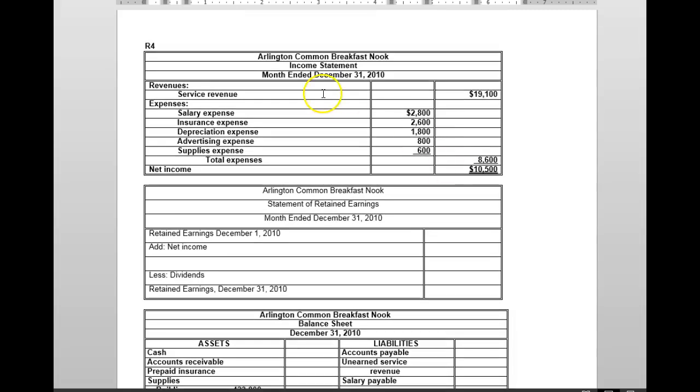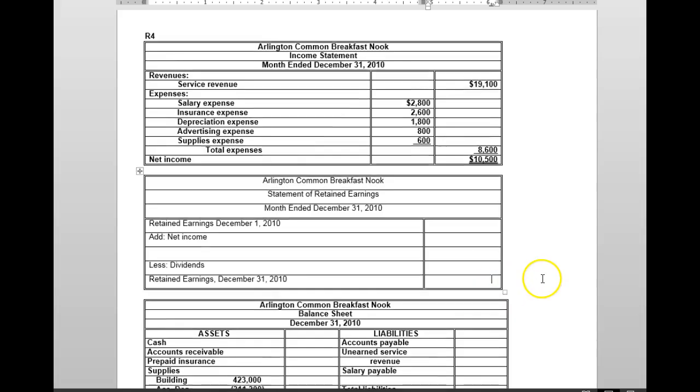Remember, you do income statement, retained earnings, because whatever you come up with here, you're going to take your beginning retained earnings from the first trial balance and add the income and subtract the dividends to come up with the new retained earnings.